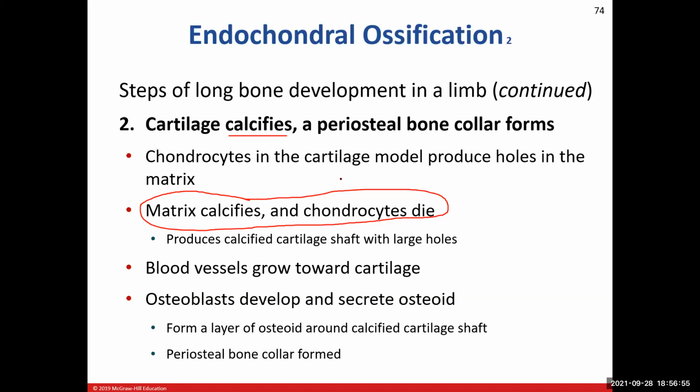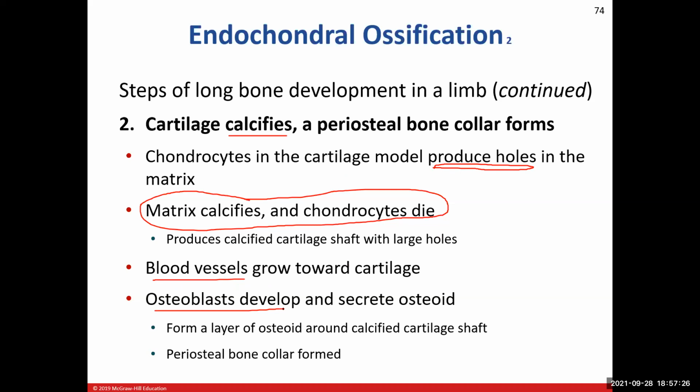All right, so as those cells start to die, we start to get holes inside the matrix. Well, that's good, because if we have holes, then our blood vessels can now infiltrate into those holes and start to spread out through our cartilage model here. And so with that, we start to get osteoblasts coming in on the scene.